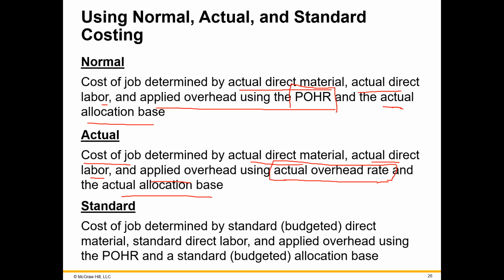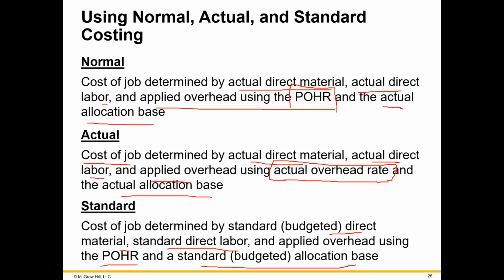You have estimated direct material, estimated direct labor, and you're going to apply overhead using the predetermined overhead rate, which is based on an estimate, as well as a standard estimated allocation base. So with standard costing, you're using all estimates to come up with your amounts, and then you're going to have to adjust the figures to a greater degree at the end of the period.